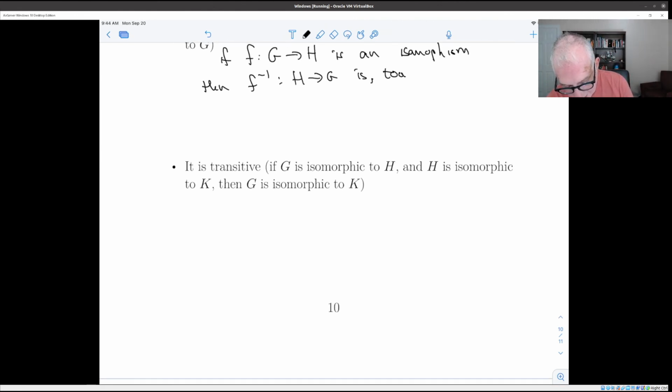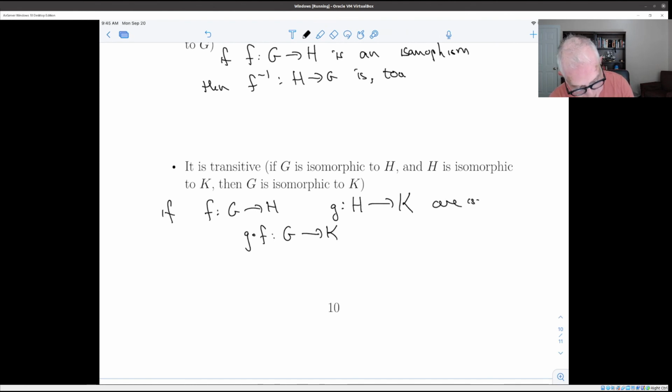And for that, we need to know that if F from G to H is an isomorphism, and g from H to K is an isomorphism, then we need an isomorphism from G to K, and the obvious one to take is g composed with F, which takes you from G to K. So if these are isomorphisms, then the composition is too.